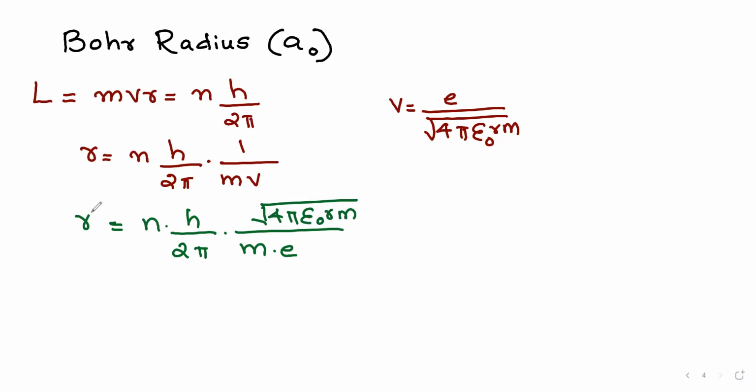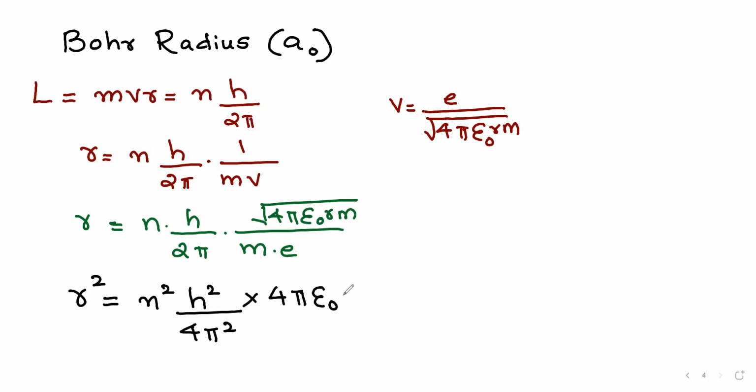Since there is a root, we have to square both the sides, so that it will become r square is equal to n square h square divided by 4 pi square into 4 pi epsilon 0 rm divided by m square e square. All the similar terms we can cancel: r, m with one m, 4 pi remaining, a pi will remain.